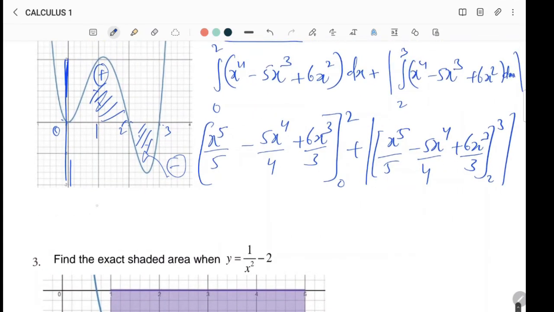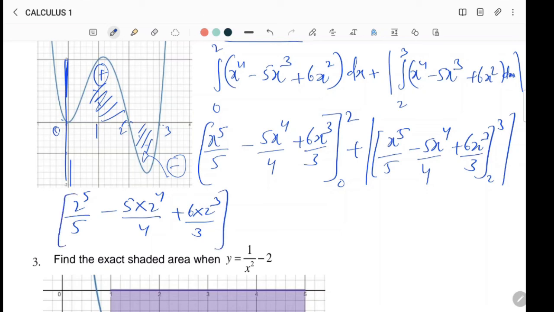So just put 2 here: 2 to the power 5 over 5 minus 5 times 2 to the power 4 over 4 plus 6 times 2 to the power 3 over 3, right? Then minus 0, no need to write because it will be 0. Now mod.